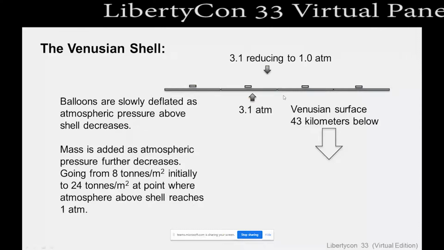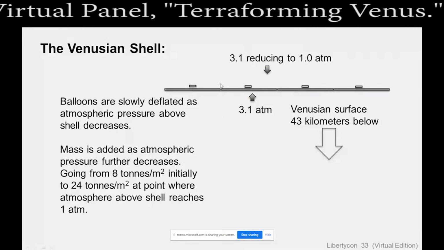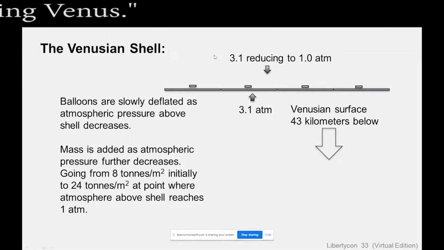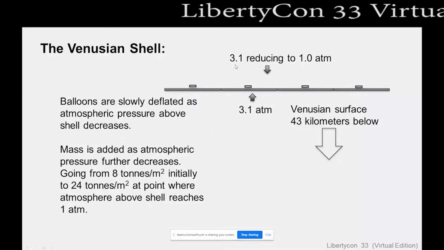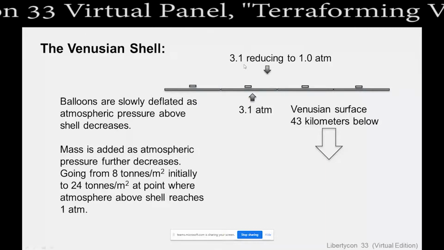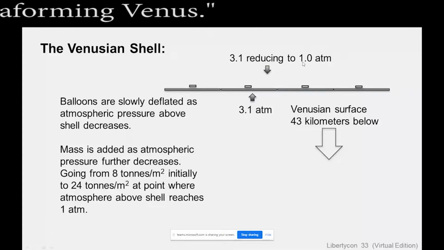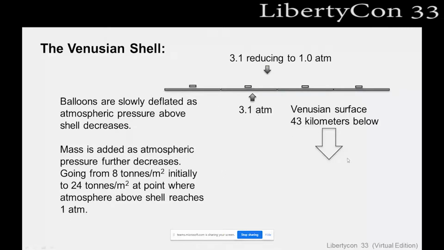Now, these atmospheric processors that I talked about before are going to begin to take the Venusian atmosphere above the shell, and compress it and inject it below the shell. What we want to do is reduce the 3.1 atmospheres of Venusian gas above the shell to 1 atmosphere. And we do that by injecting the excess atmosphere below the shell.